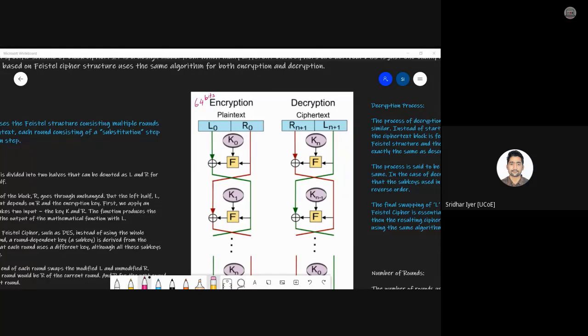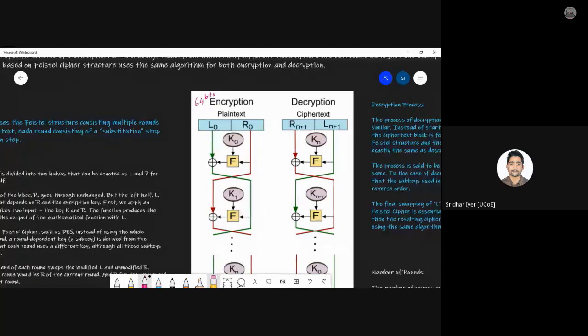Now what happens is, as you can see, some operations are performed where this F is nothing but a function block. Now we are talking about round number 0, or we can say round number 1. You can start with 0 and go till 15, or you can start with 1 and go till 16. Total 16 rounds take place.